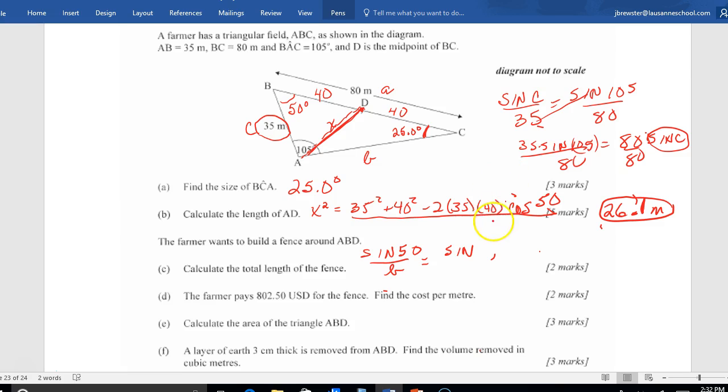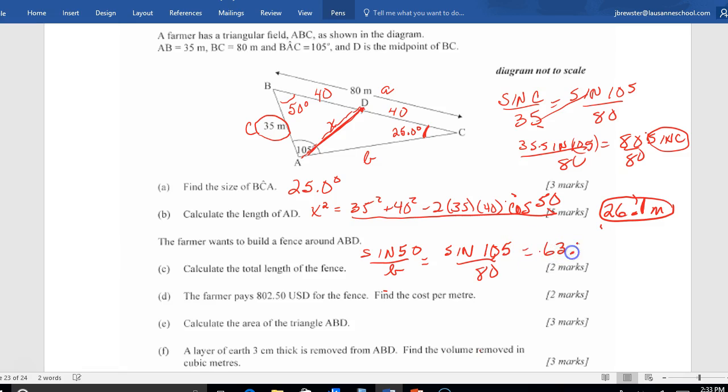It really doesn't matter. I'll use 105, over 80. So cross multiply, set up your equation. Just to save time, I'm not going to write all that out. It's just 80 times sine of 50 divided by the sine of 105. And that'll give you the length of b, which turns out to be 63.44. We can just say 63.4.